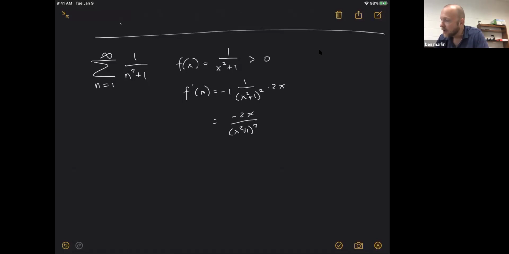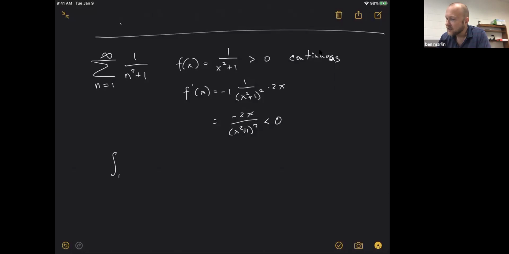And for positive values of x, that's going to be less than 0, so that says this is decreasing. And we can also see above that this is going to be continuous because of the fact that you've got the x squared plus 1 on the bottom. There's no way to make your denominator equal to 0.